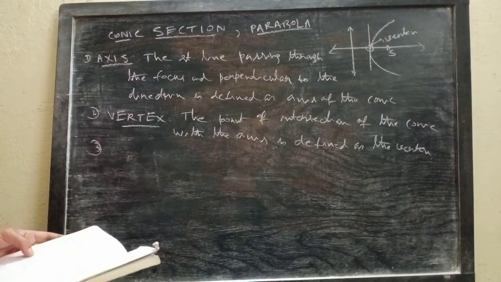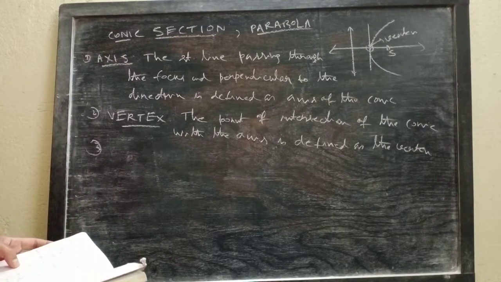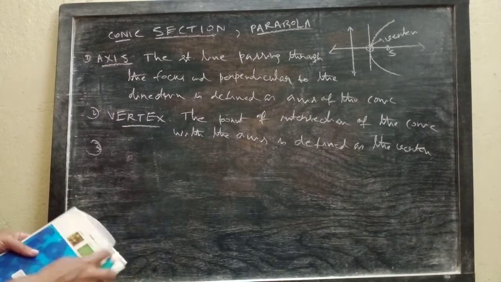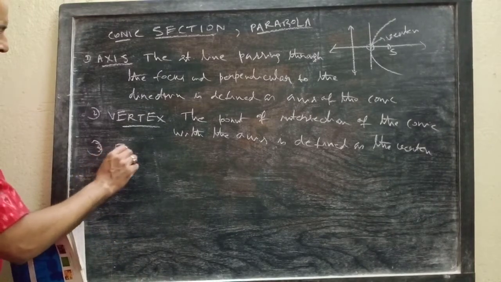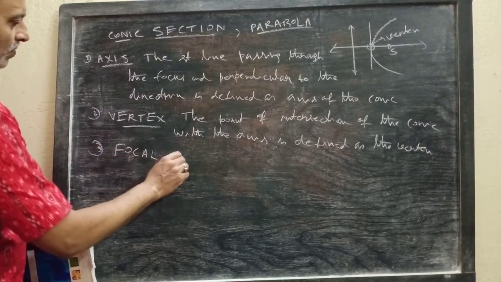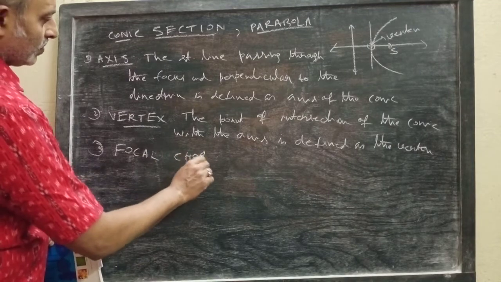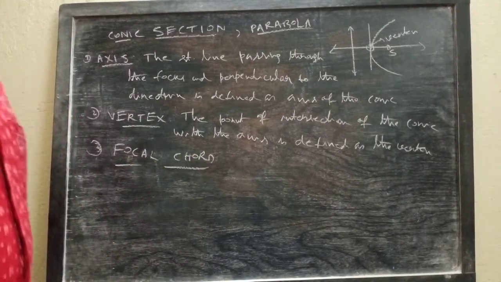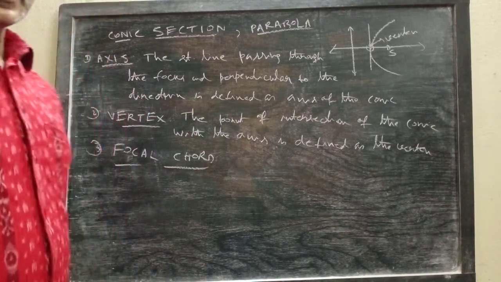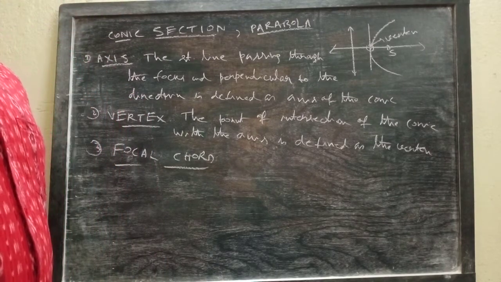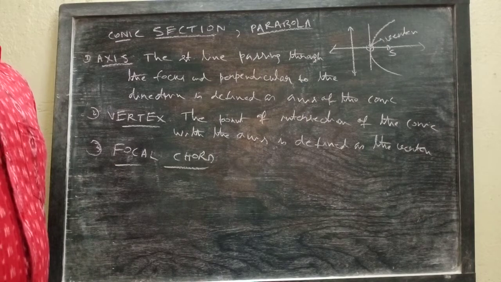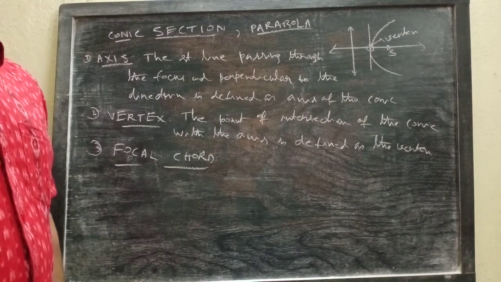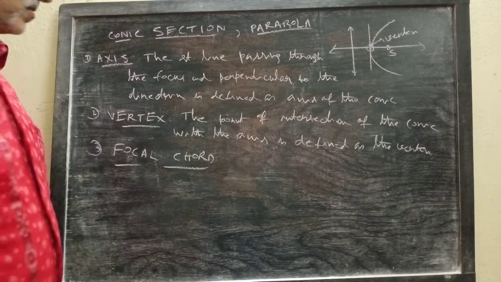Number 3, focal chord. You know what is chord? Chord is the line segment joining any 2 points lying on the conic. So that particular chord which passes through the focus is called focal chord.